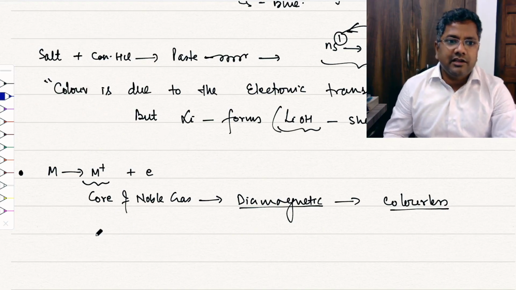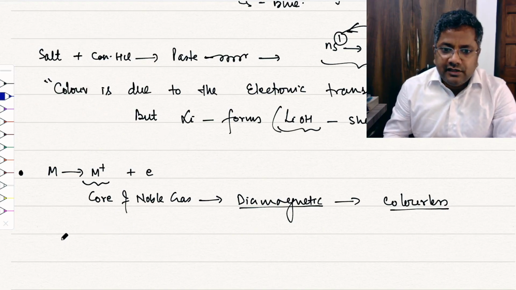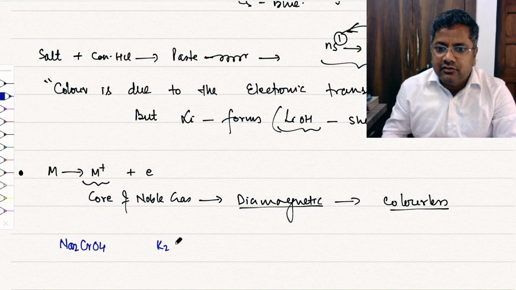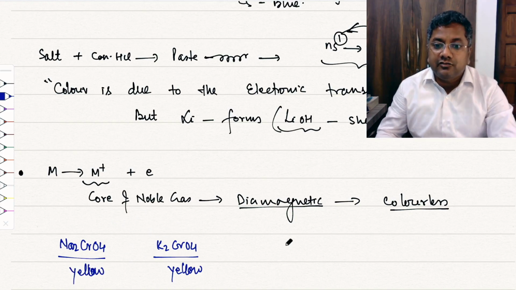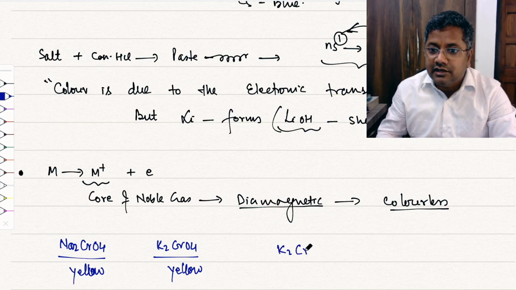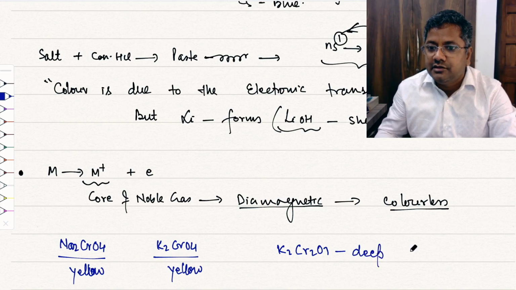But you may find some colored compounds related to the first group. For example, Na2CrO4 and K2CrO4 are yellow. K2Cr2O7 is deep orange.